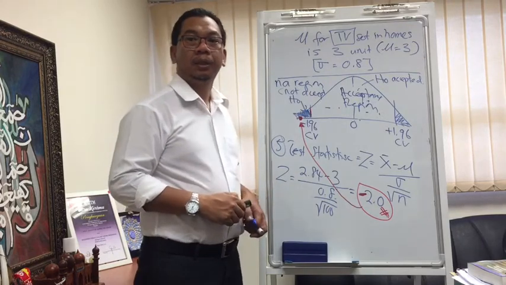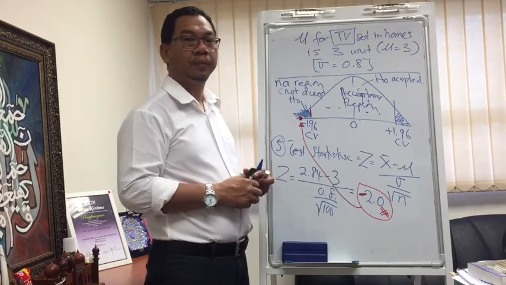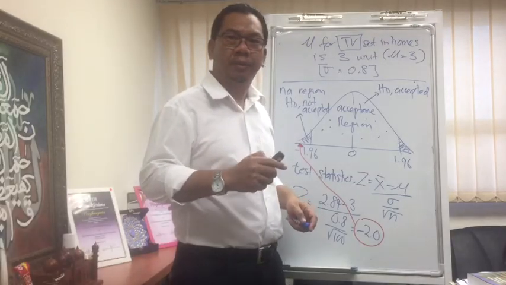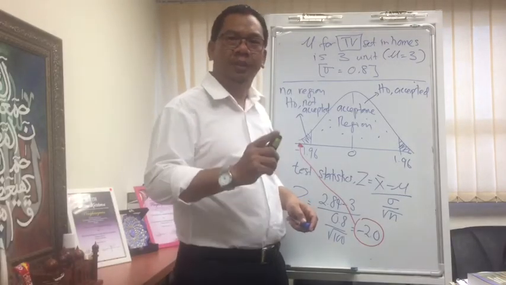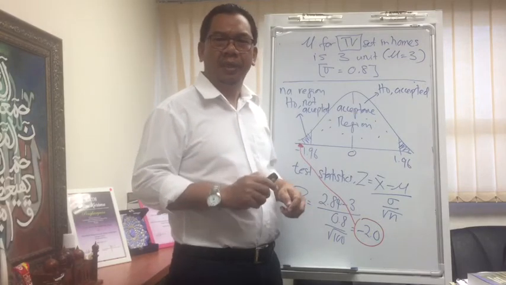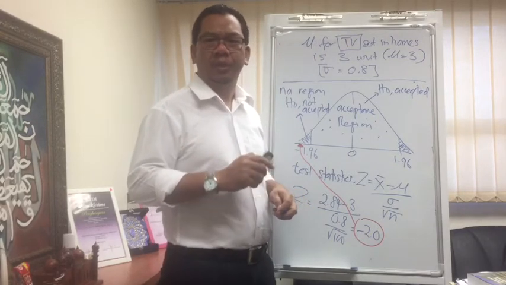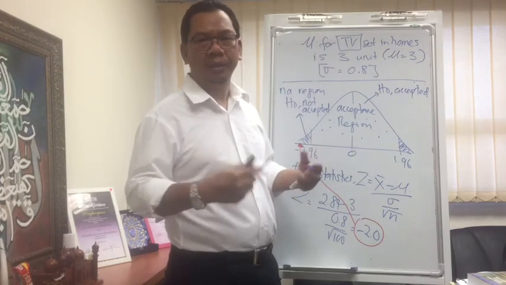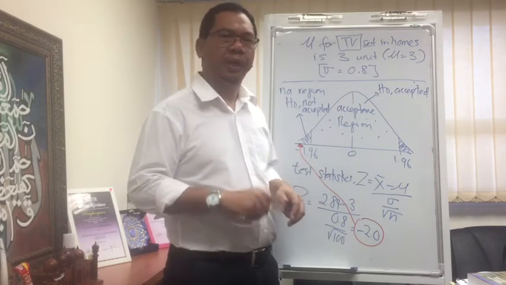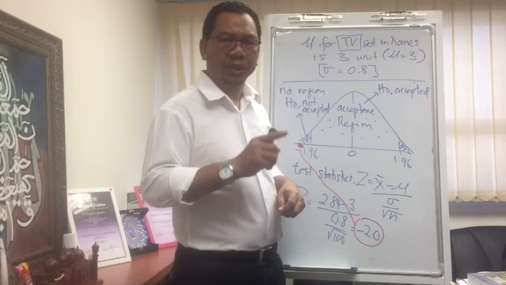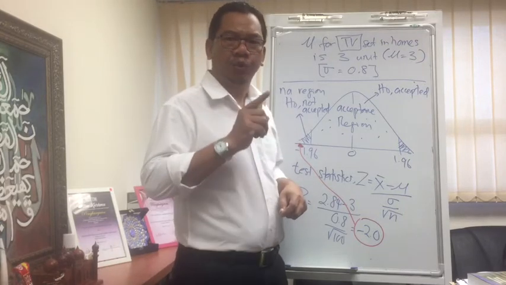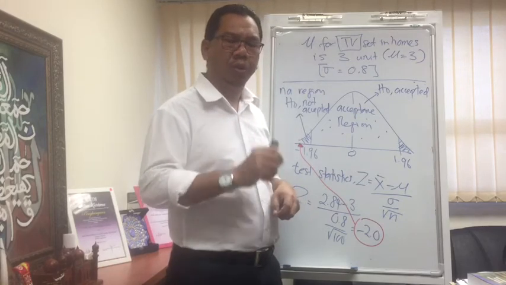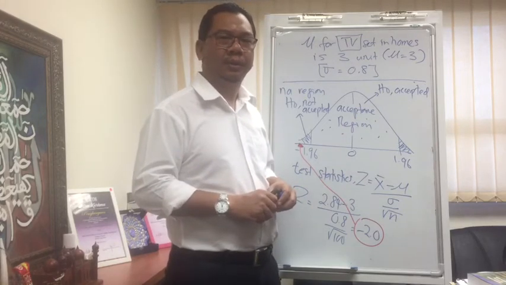So what is the conclusion? The conclusion is there is sufficient evidence that the mean number of TVs is not equal to 3. I repeat, there is sufficient evidence that the mean number of TVs is not equal to 3.